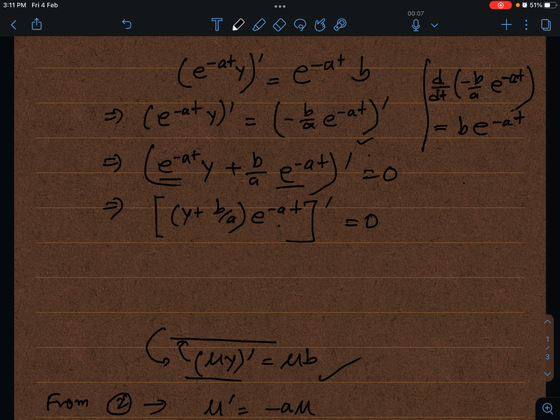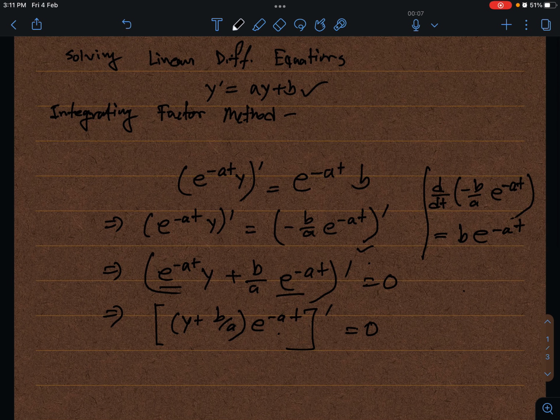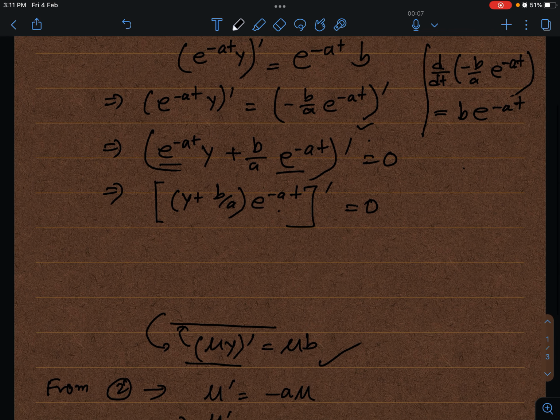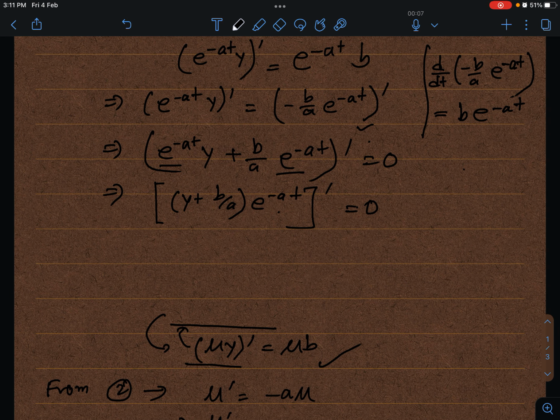So as you can see, the whole differential equation is this. By doing the integrating factor method, we have transformed the whole differential equation into a total derivative.